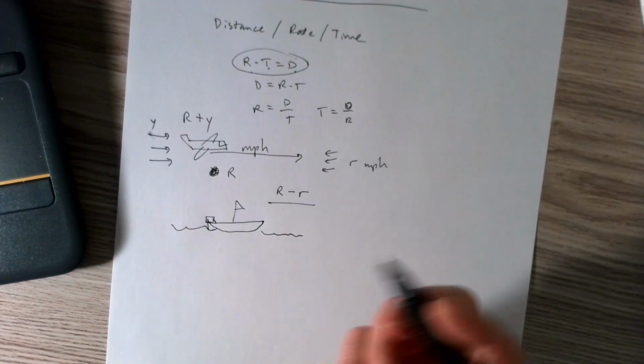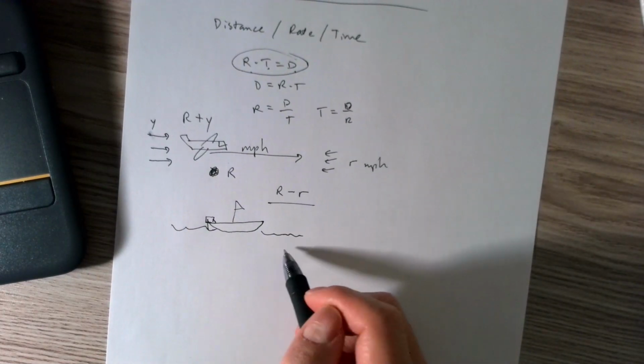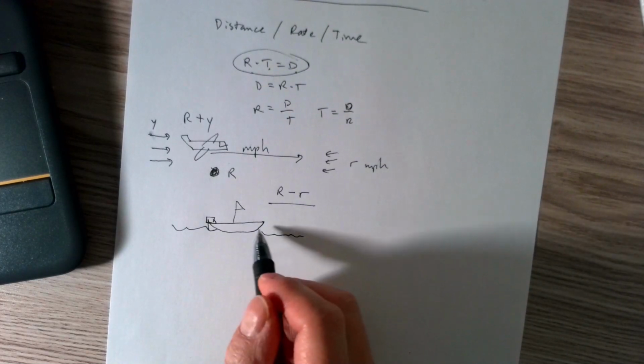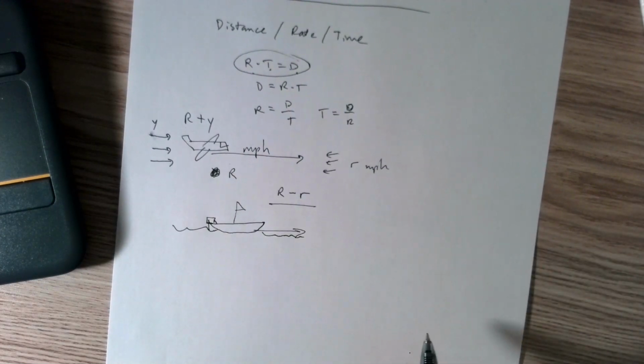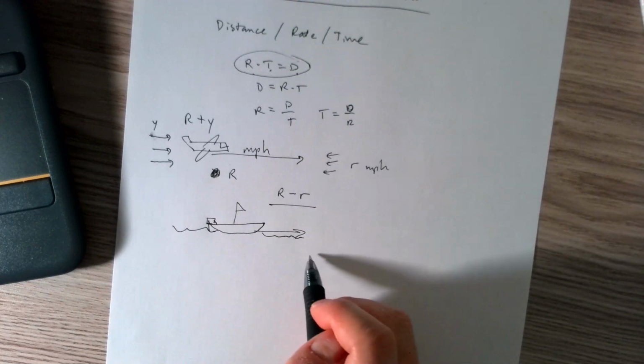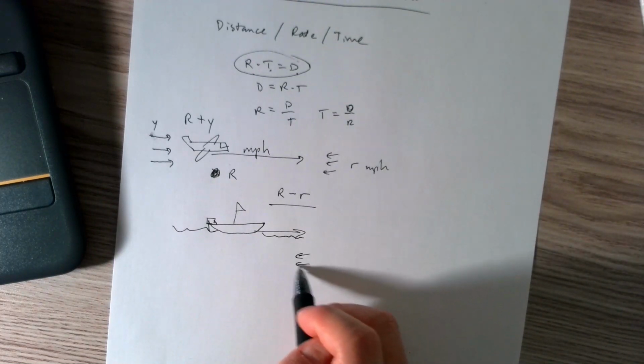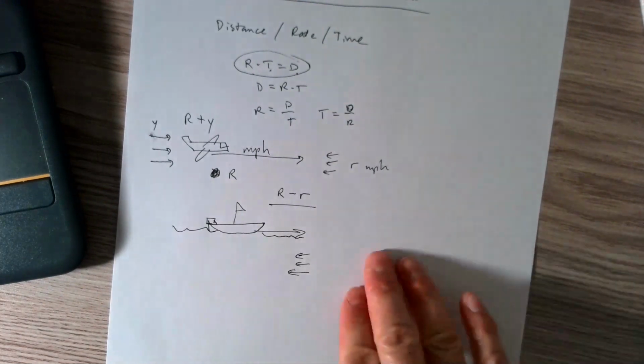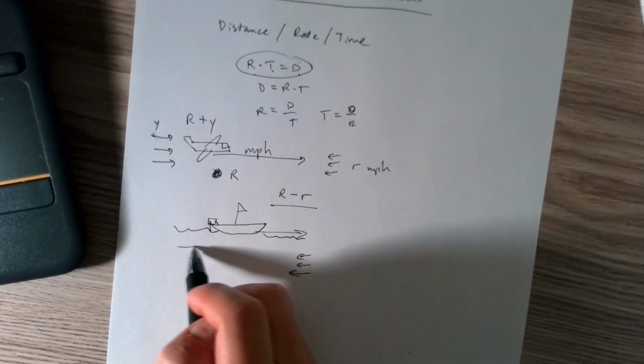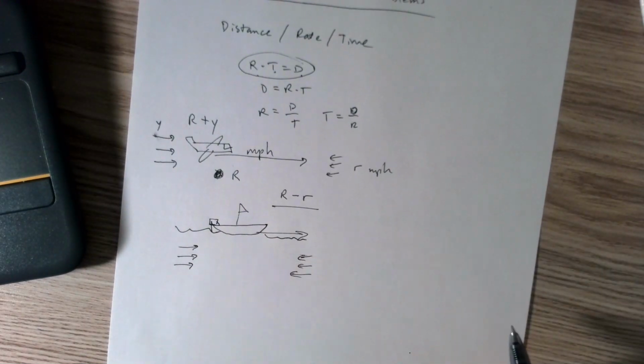But as we know, water current does offer resistance. So while the boat has its own speed in still water, the current may be going against the boat, or it may be helping the boat.